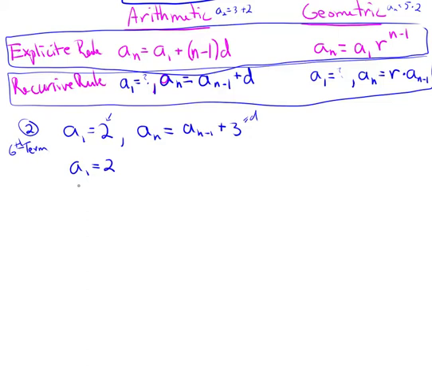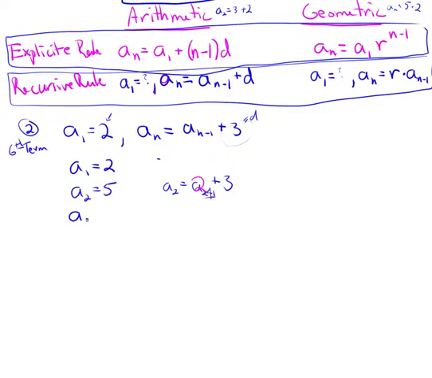To find the second term, a sub 2, we substitute into here: a sub 2 minus 1, which is 1 here. So a sub 1, which is 2. I'll substitute my 2 in for that one, plus my 3, that difference. So 2 plus 3 is 5.